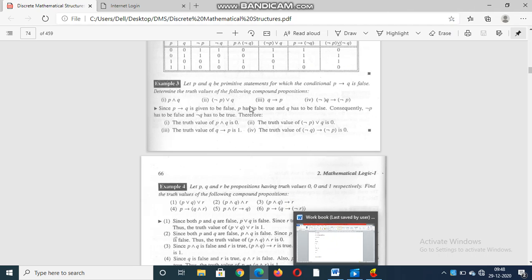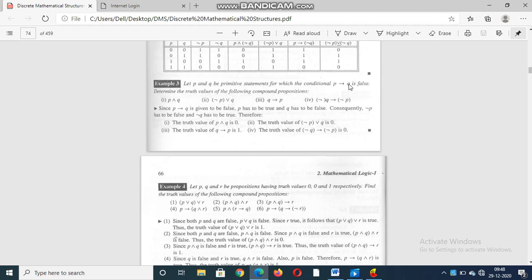So here, based on this condition, you take only one row. Here you don't need to select any row because they only gave direct values: what is P, what is Q, what is R. So no need for any condition. But there we have 4 rows, that's why they put one condition.